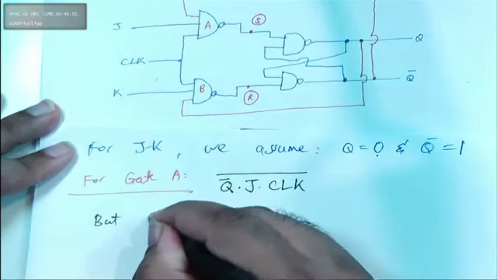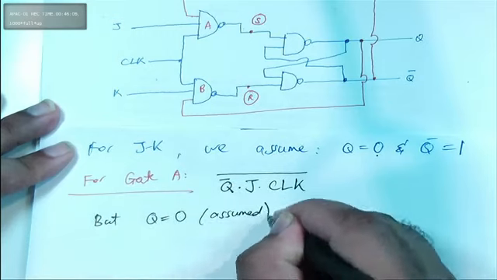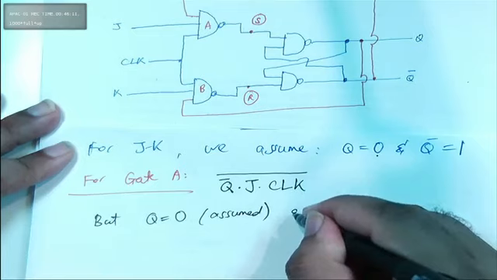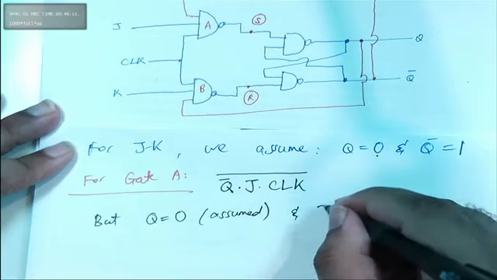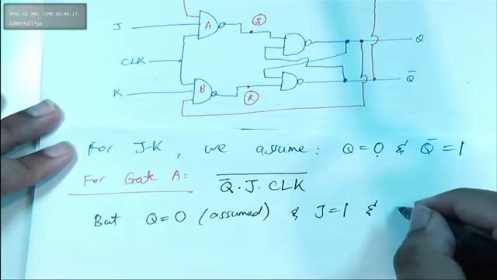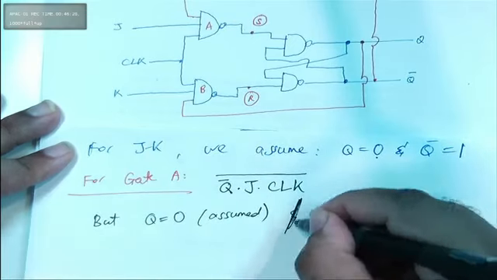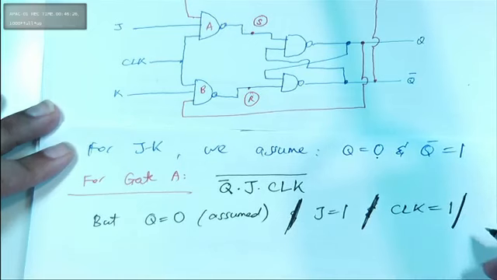But Q is equal to 0. That is assumed. And J is equal to 1. And clock is equal to 1 because we are trying to fix this problem. And Q bar is equal to 1.